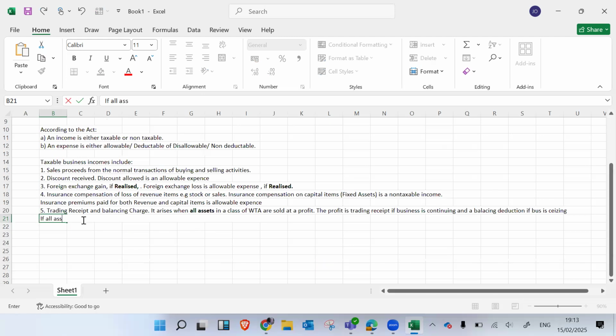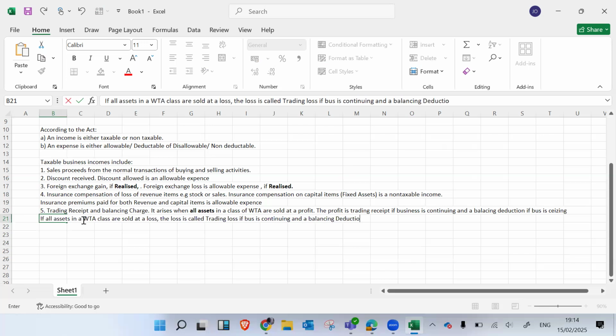If all assets in a WTA class are sold at a loss, the loss is called trading loss if business is continuing, and a balancing deduction if business is ceasing.